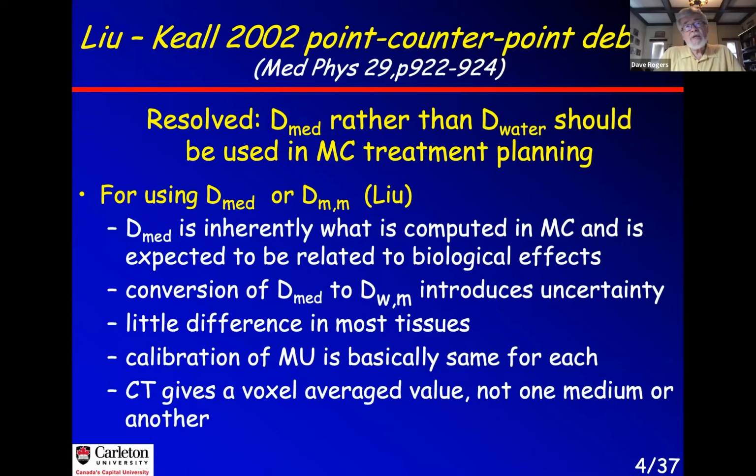And lastly, and we'll talk about this later on, a CT, which is what you use to determine the density of the medium that you're looking at, is a voxel averaged value. And so especially at boundaries, it's not necessarily one medium or the other.